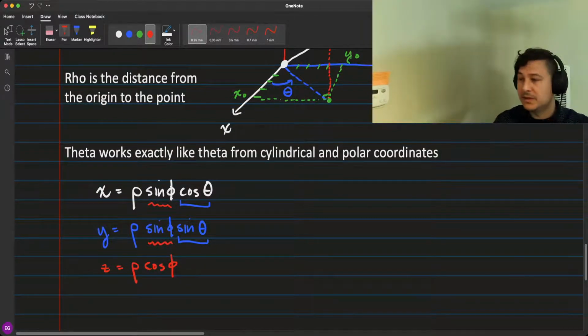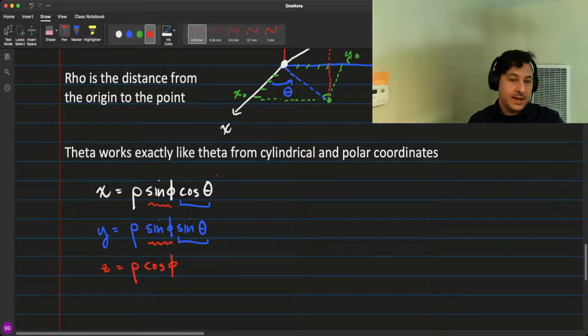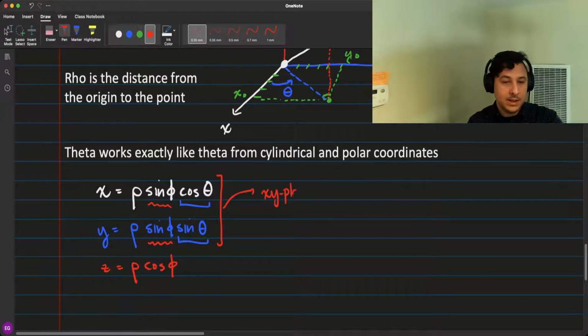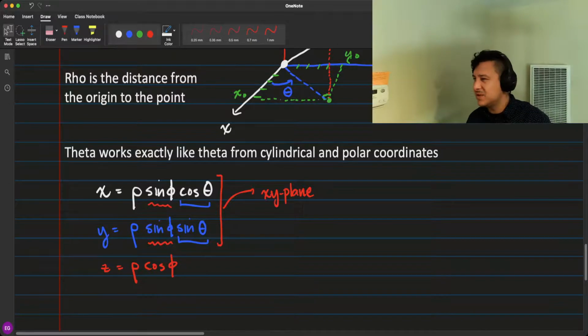No theta involved. And this would actually make sense. There's no theta for z because, remember, theta is something that only operates in the xy plane. So it wouldn't be appropriate to use theta to calculate the z value, because the z value is independent. It's not just in the xy plane. Does that sort of make sense?